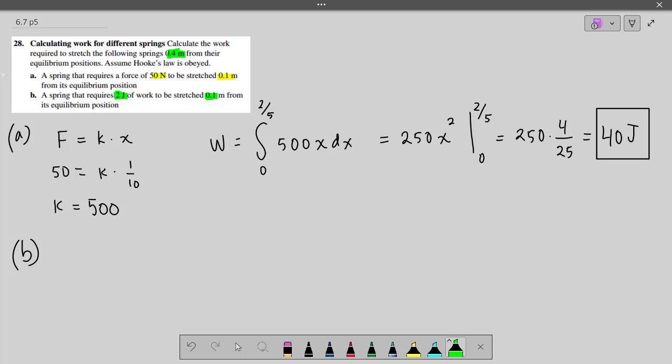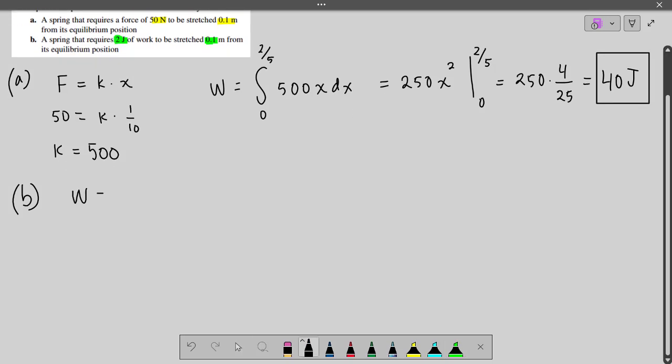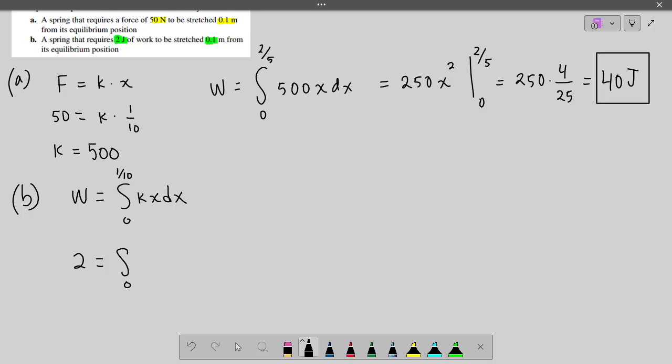So they're not giving us F and x, so we can't use that equation. They're giving us the work that it takes. So the work in going from 0 to 1/10 of a meter will look like that. We don't know the k, but we do know the work. They're saying it's going to take 2 joules of work to stretch it 1/10 of a meter.